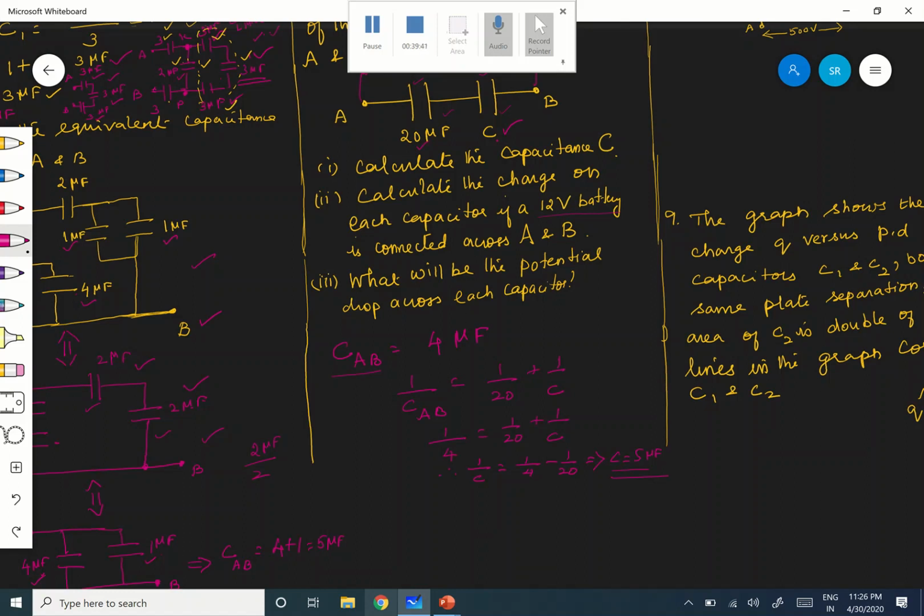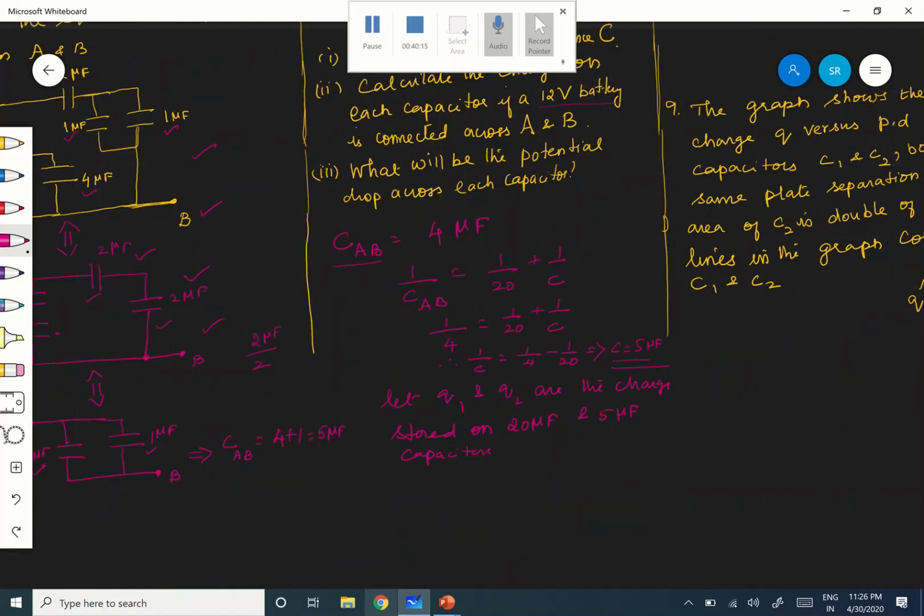Now you are asked to find out: let Q1 and Q2 be the charge stored on the 20 microfarad and 5 microfarad capacitors. What is Q1?